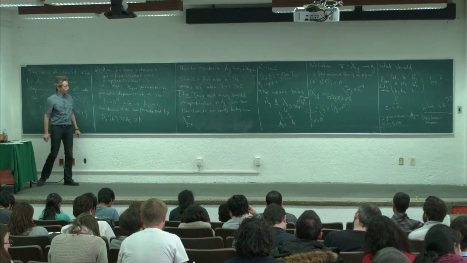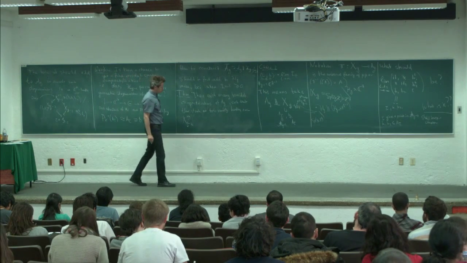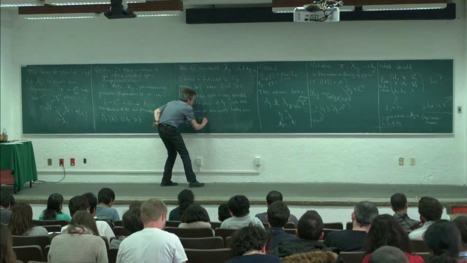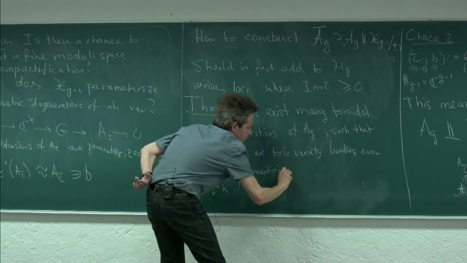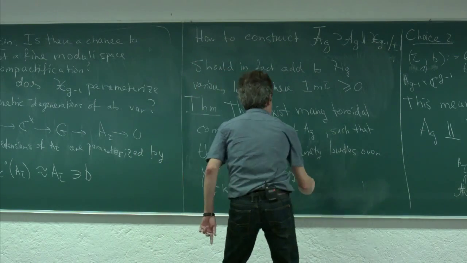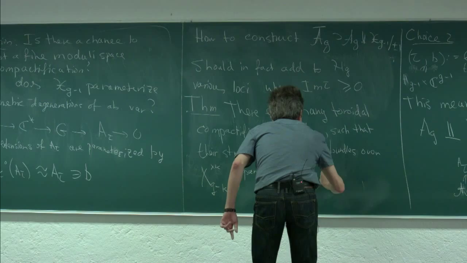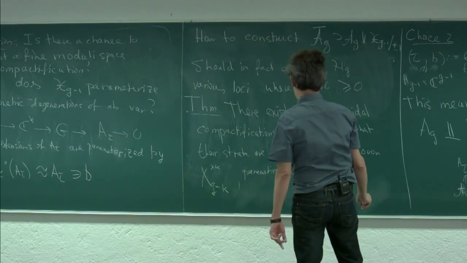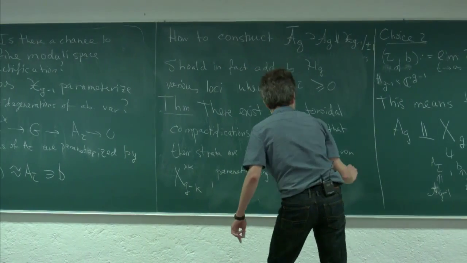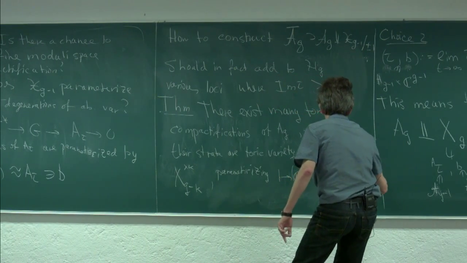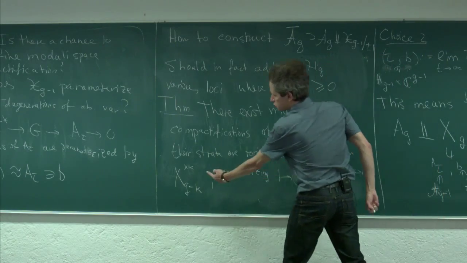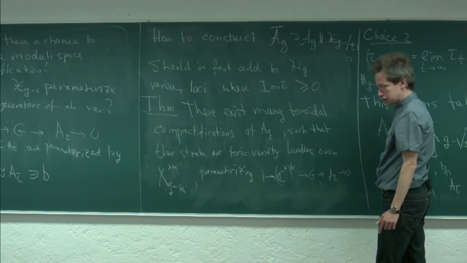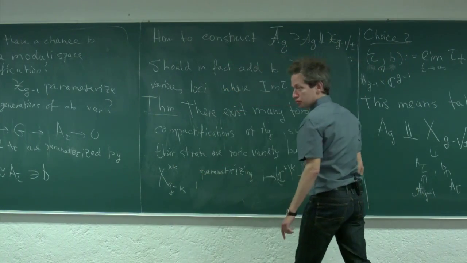And these guys parameterize extensions of this sort. So if I want to have an extension of this sort, that's precisely the data I need. This is a bunch of line bundles. Each line bundle is given by a point, so I need to choose a bunch of points.